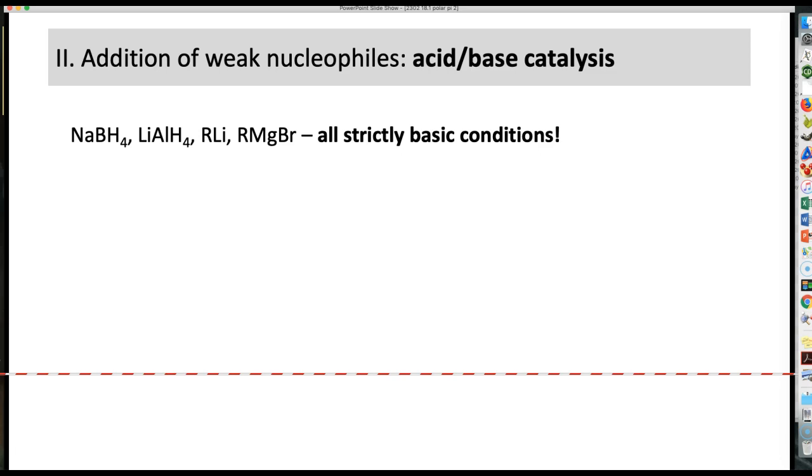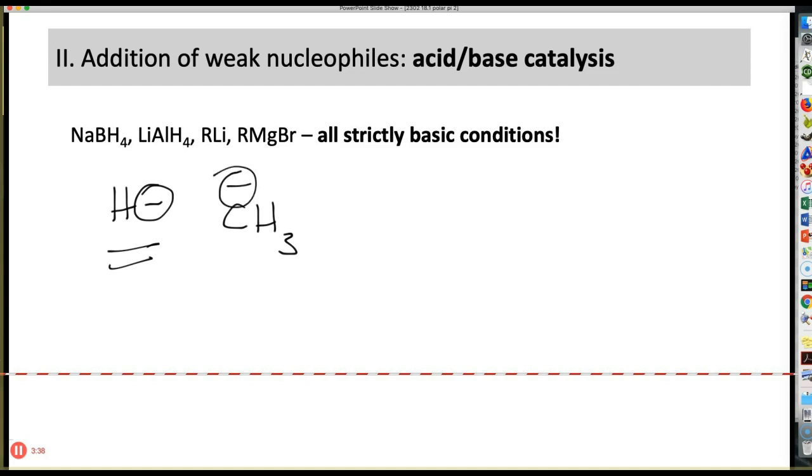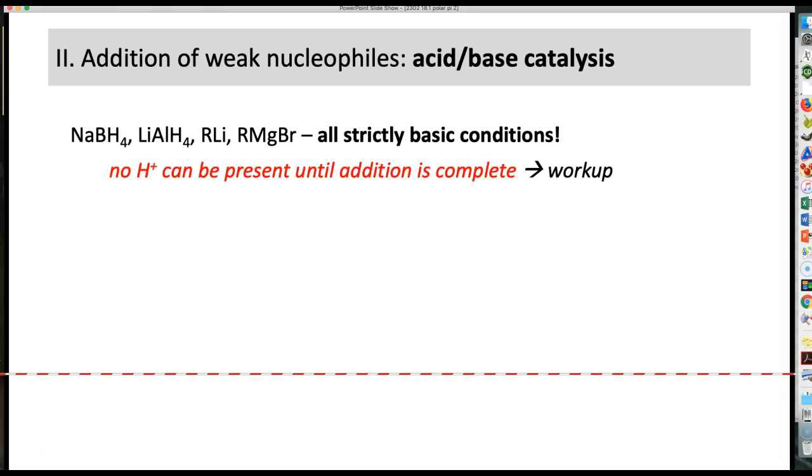So if you think about Chapter 17 chemistry, all of these reagents are super basic. We got H minuses, that's a strong base. C minuses, super strong base. So the point with that is there was no way you could have any source of acid around, or else it'd be sayonara to your nucleophile.